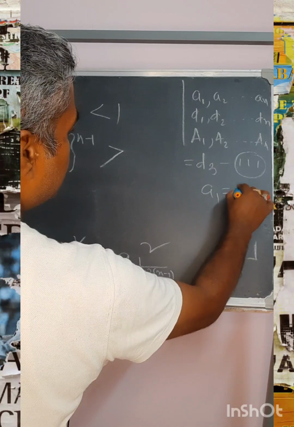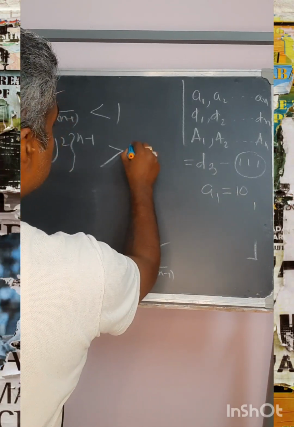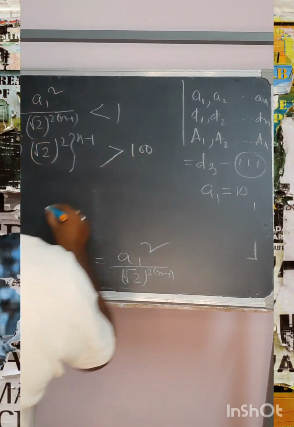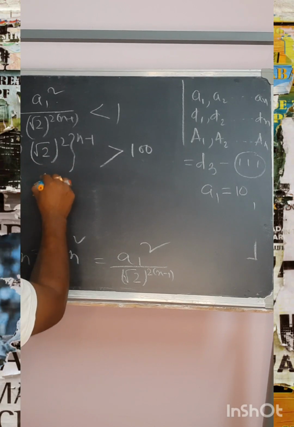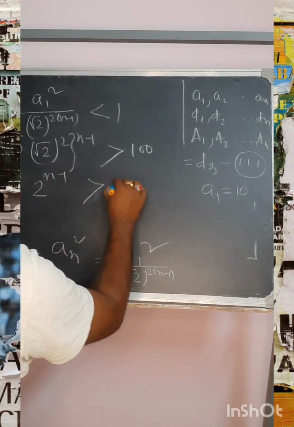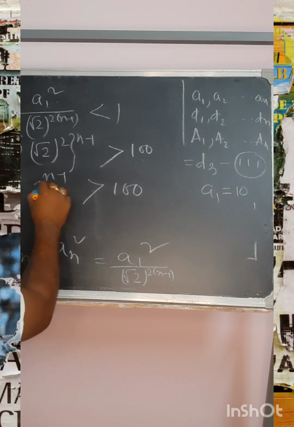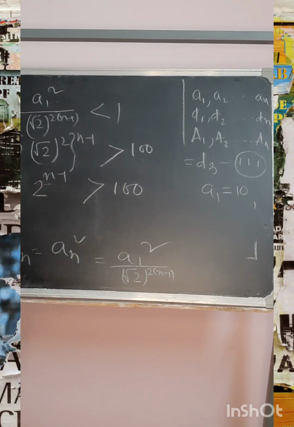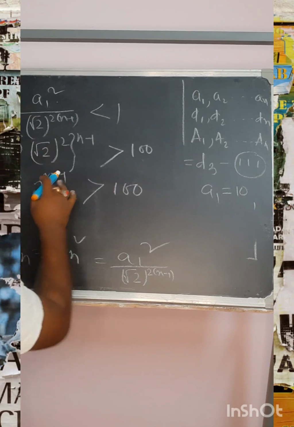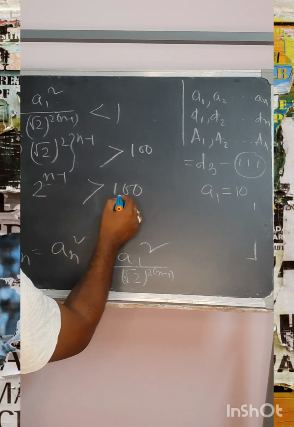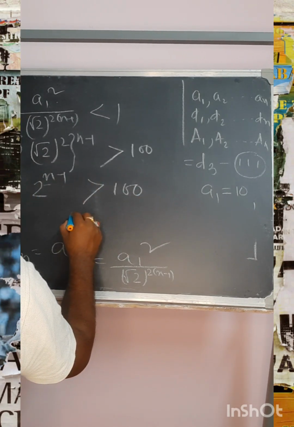A1 is given as 10, as I said earlier, so this is 10 squared, that means 100. Now 2 to the power n minus 1 has to be greater than 100. So you have to find the minimum value of n for which this condition is true.